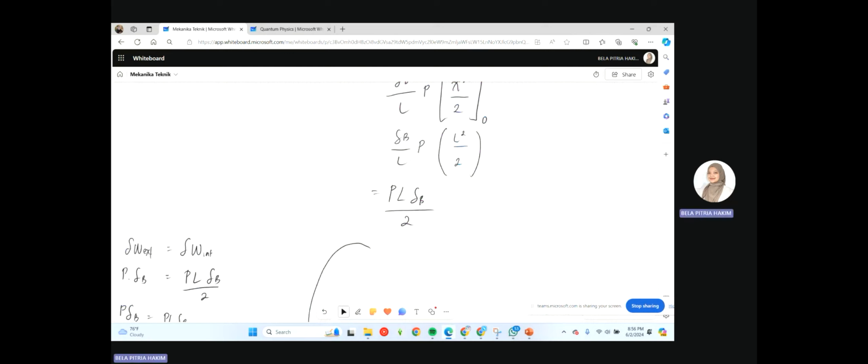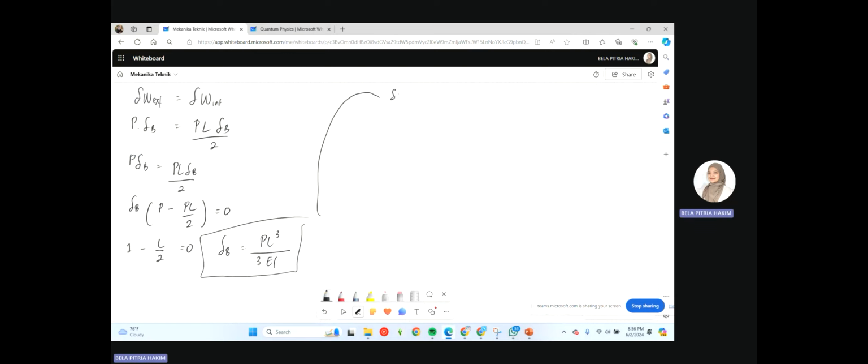So delta B is equal to 10 and 4, per 3 times 200 times 10 to the power 6.